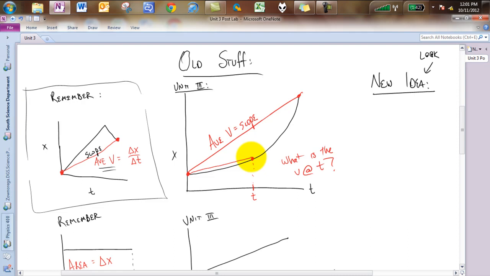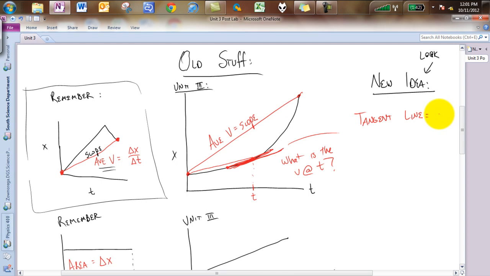But what we can do is we can start to shorten that line and put maybe these two together, and you'll start to realize as I continue to bring this time frame closer and closer and closer, that all of a sudden I can represent the velocity at this time t by drawing in a line that looks something like that. So you will note that what I've just drawn here is what we call the tangent line, and that represents the velocity, the instantaneous velocity.